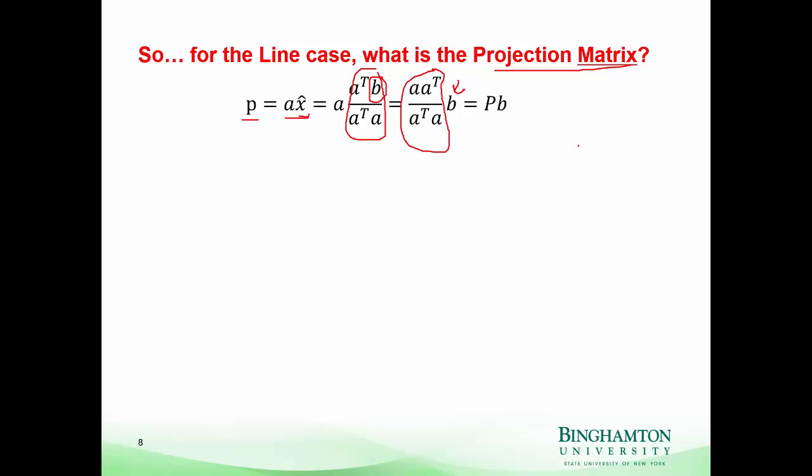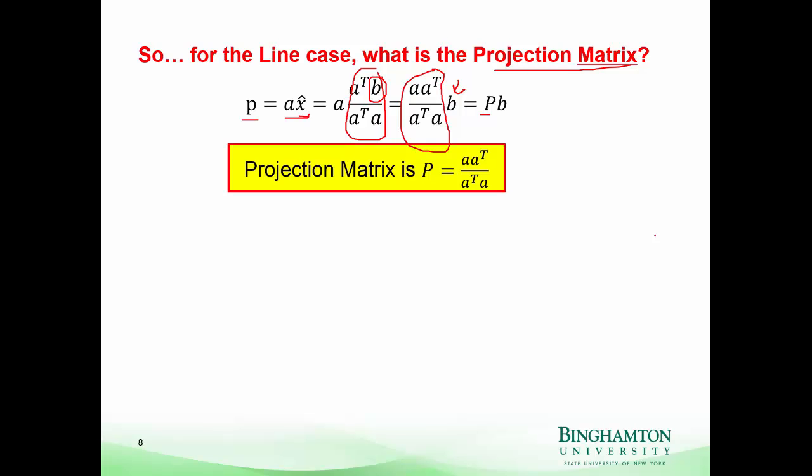And I claim that's a matrix, and we'll call that matrix P. It's the projection matrix onto the line A. Sometimes you use a subscript on this projection matrix to indicate what you're projecting onto. So maybe we would say P sub A.